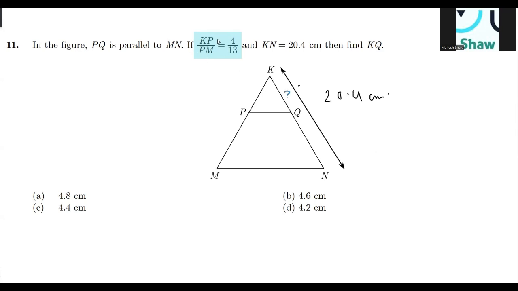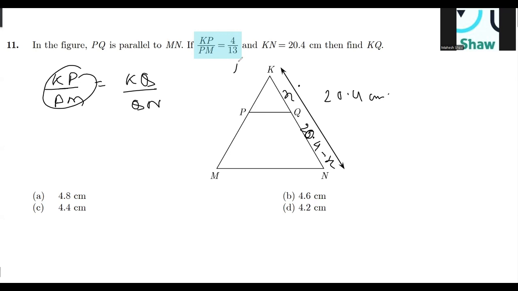That is KQ. Let's take this as X. So therefore this part is going to be 20.4 minus X. And as you know, we can apply the BPT, and from BPT we get KP over PM equal to KQ over QN.